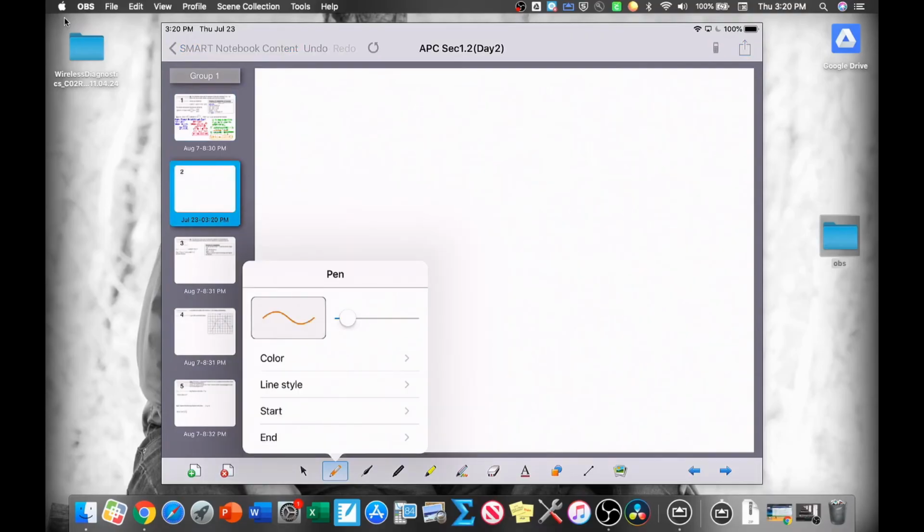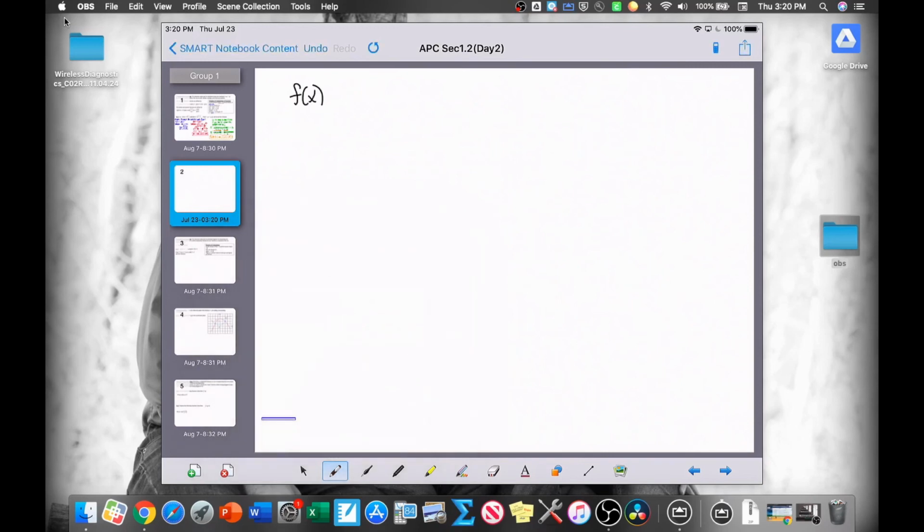All right, so my two functions were f of x equals the square root of 3 minus x, and g of x equals the square root of x squared minus 1. And the four combinations that they asked us to find were f plus g, f minus g, f times g, and f divided by g.